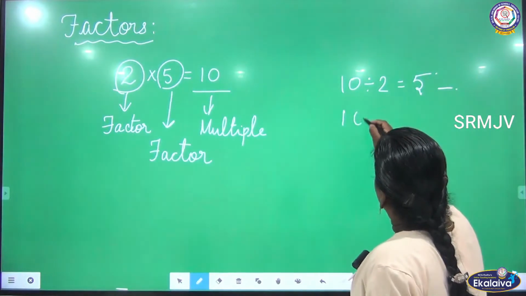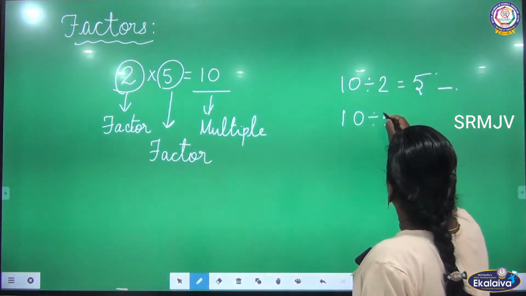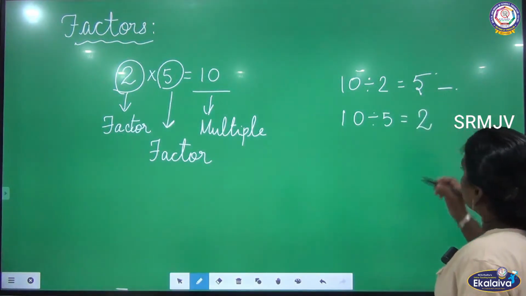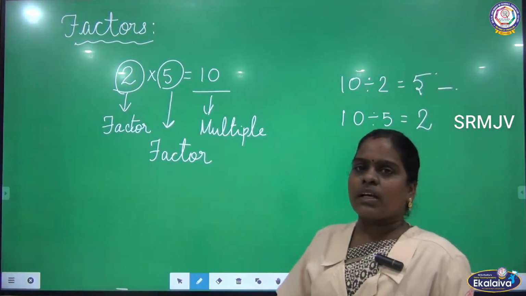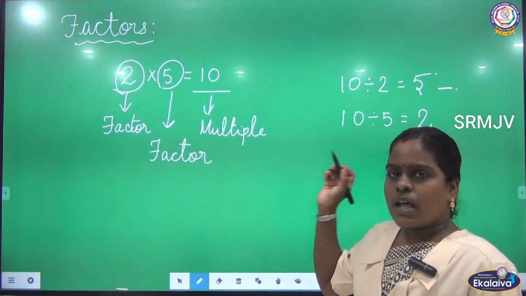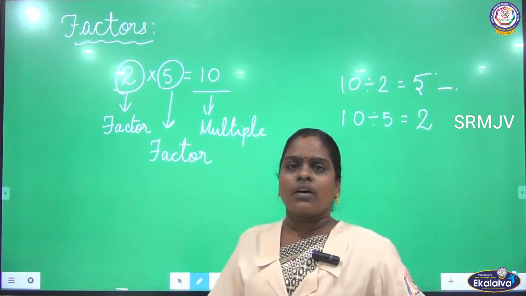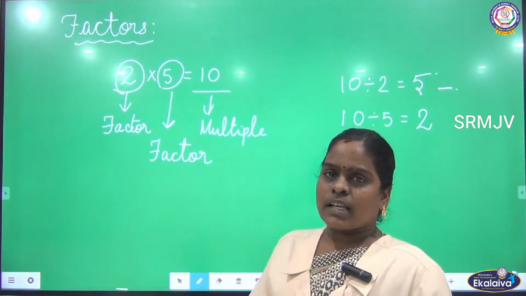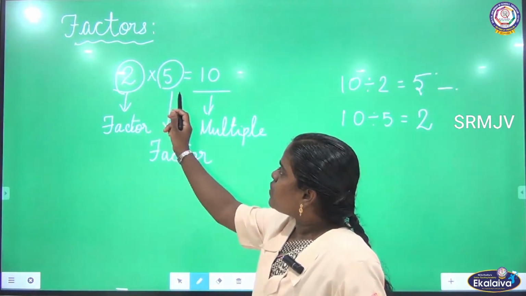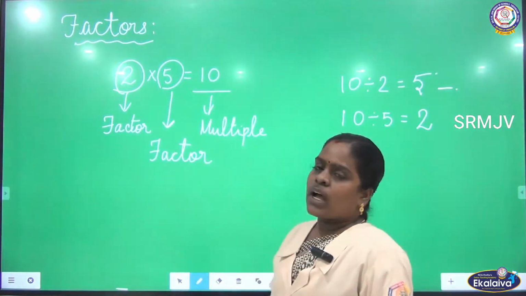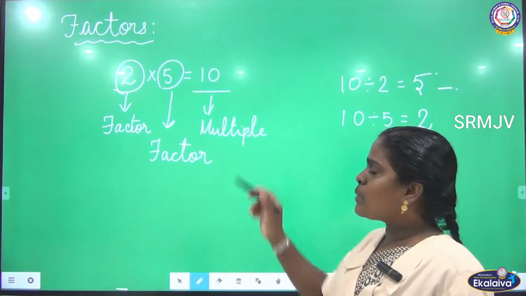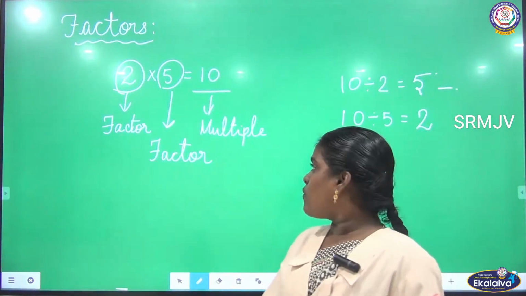And 10 divided by 5, we will get 2. If there is no remainder, we can say that it is a factor of a given number. Is this clear? What is a factor? The numbers which we multiplied to get a product or a multiple are called factors.